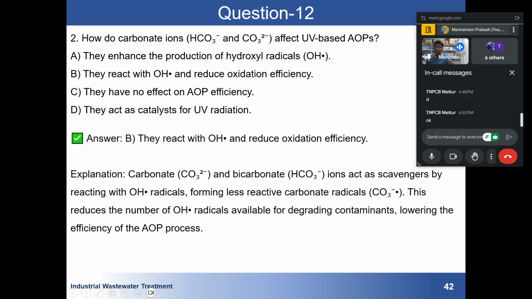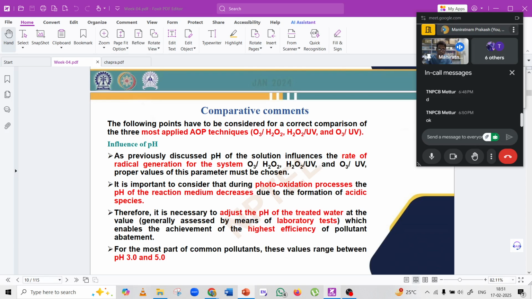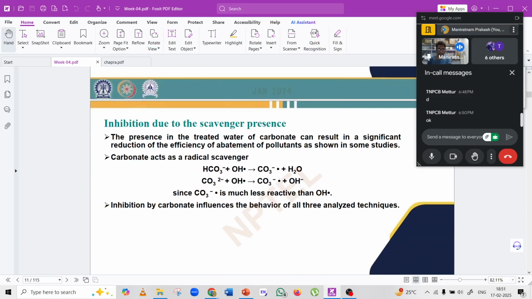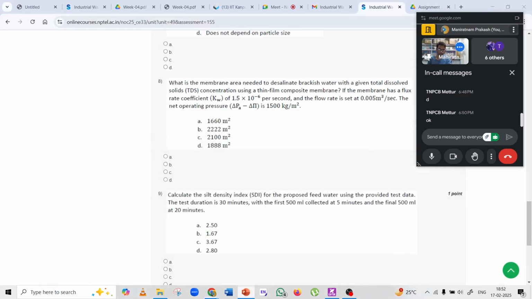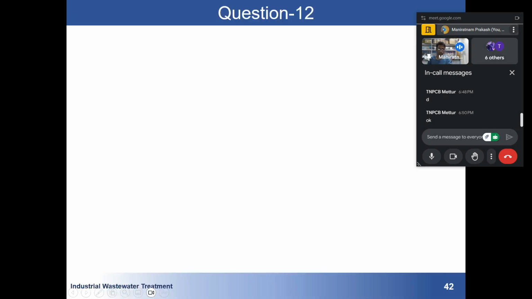They react with OH and reduce oxidation efficiency. That's why. Simple. The reaction is also written in your book and lecture notes. You can see that OH radicals interact with carbonates, and the resulting radical is not so reactive, so overall efficiency is reduced. So option B is correct.